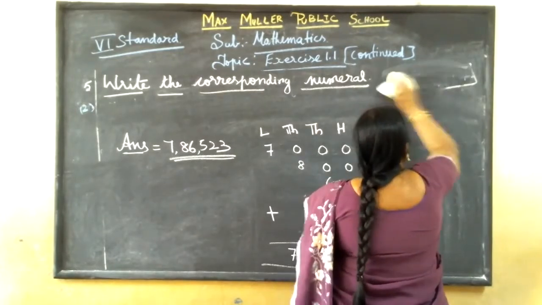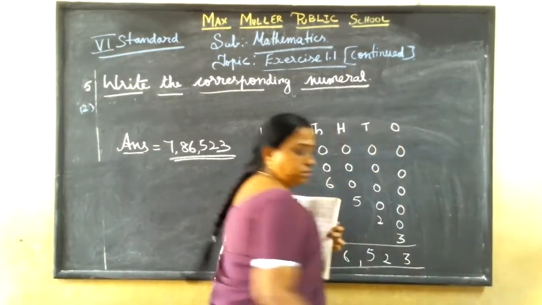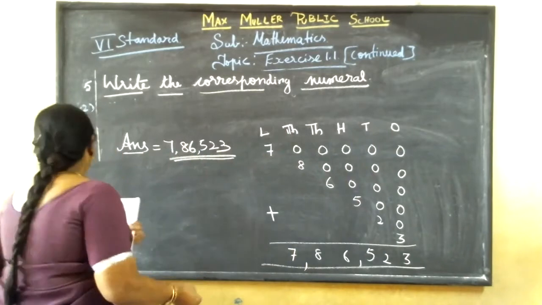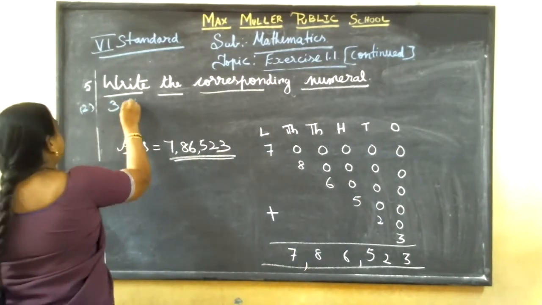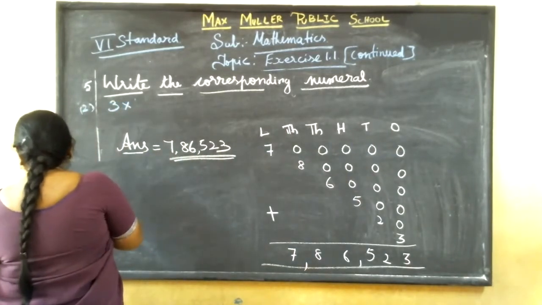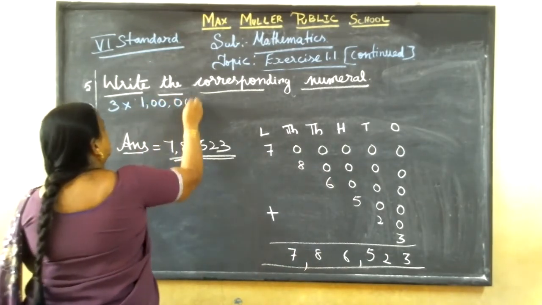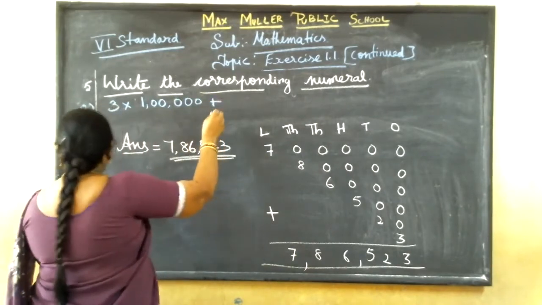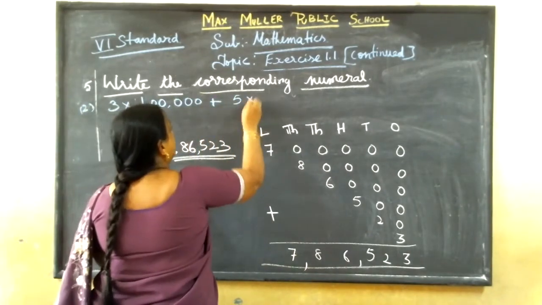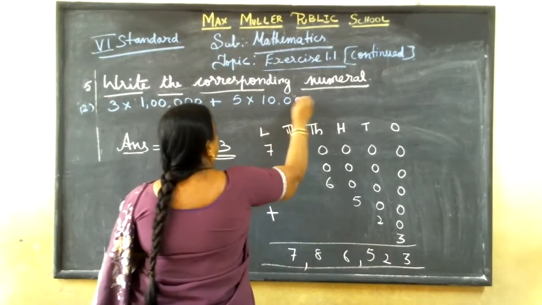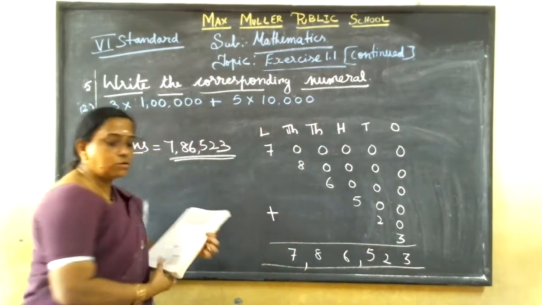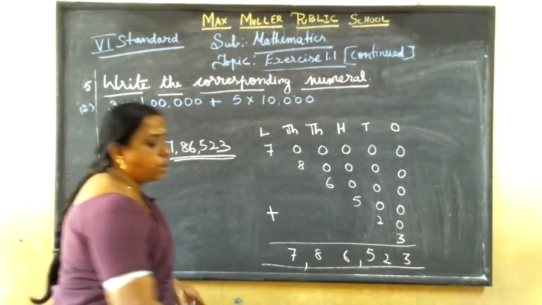I hope you copy. 3 into lakh plus 5 into 10,000. Yes, that's the whole question. See here in this question how to do.